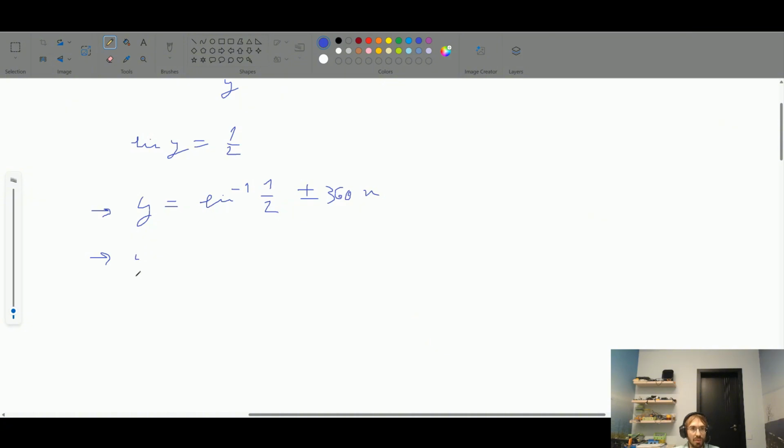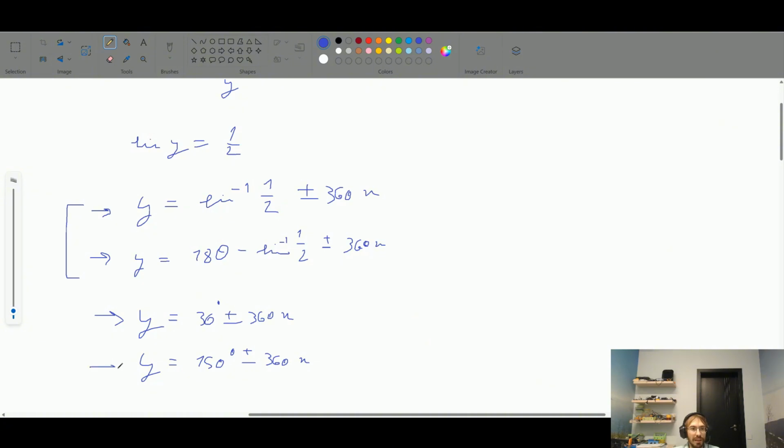Do not forget it. y equals 180 minus sine minus 1 of 1/2, of course plus or minus 360n. Let's now rewrite it in normal angles. So y will be 30 degrees plus or minus 360n, or y will be 150 degrees plus or minus 360n.